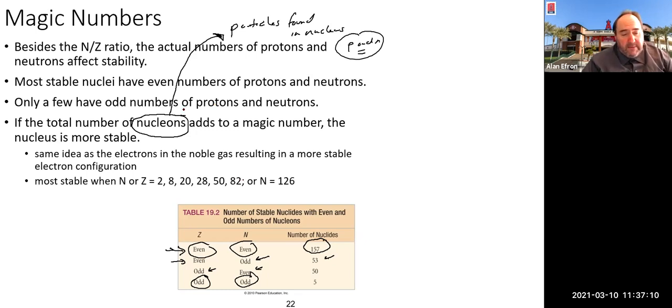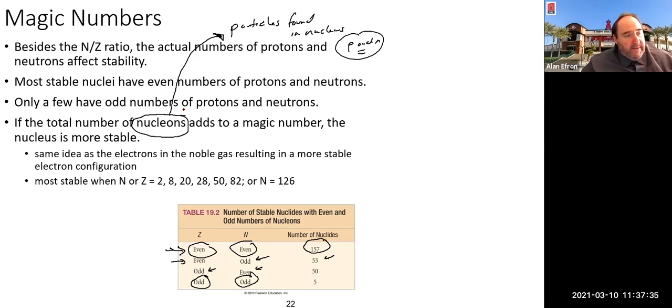That's why when we talked about balancing nuclear equations, we do it slightly different than how we balance a chemical reaction. In a chemical reaction, we balance everybody by their coefficients. In a nuclear reaction, we want to make sure that on the left-hand side of the arrow, all the mass numbers add up to the same total as on the right-hand side.